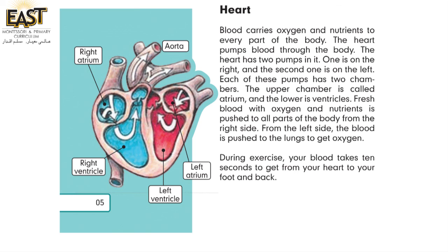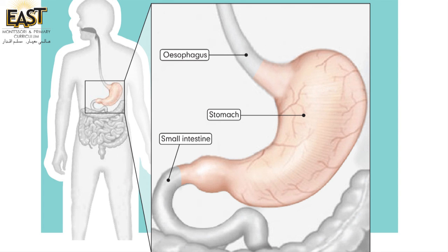On the left side you get the deoxygenated blood, which means the blood without oxygen, and on the right side you have the blood with oxygen. Then you will read about the stomach.